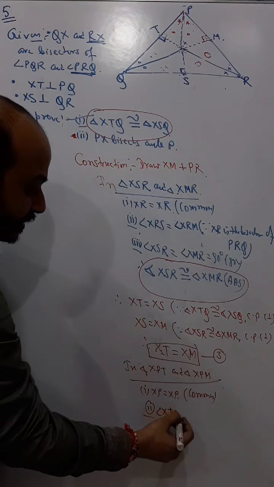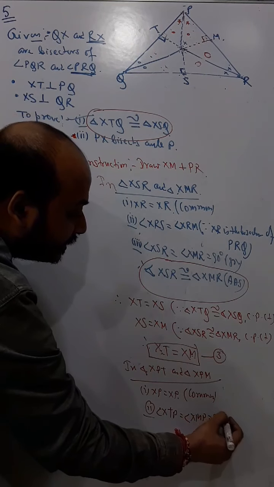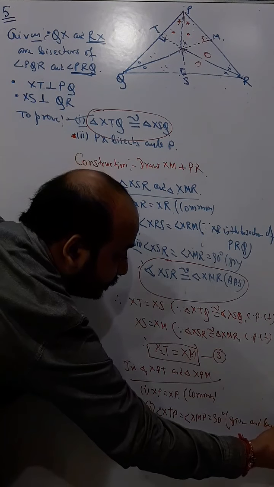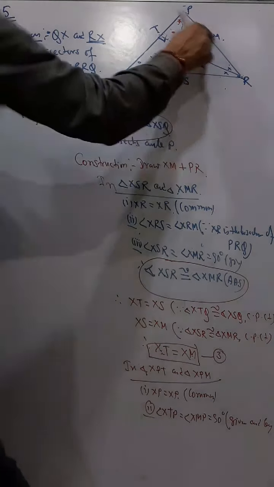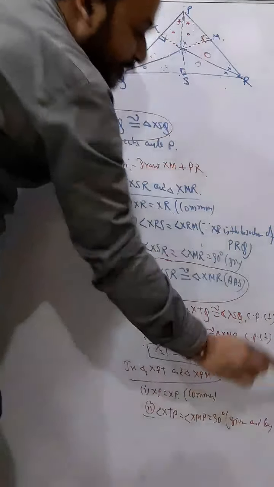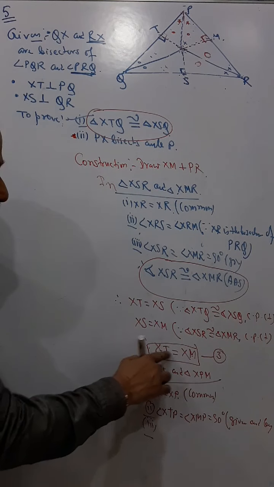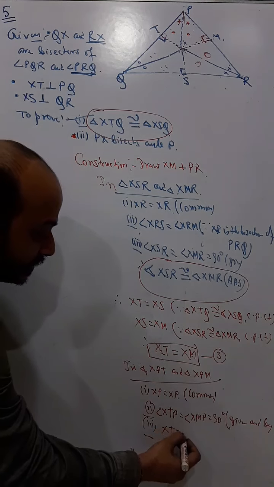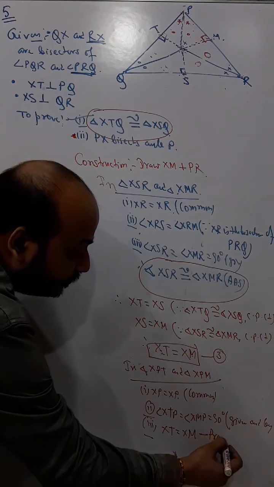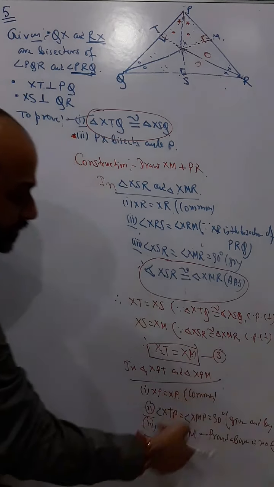The reason will be given and by construction. This was given and this one we have done by construction, so we write the reason given and by construction. And the third point we can say XT is equal to XM. It is proved above in number 3.